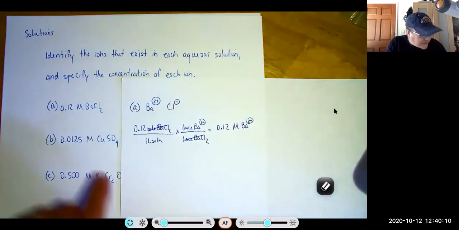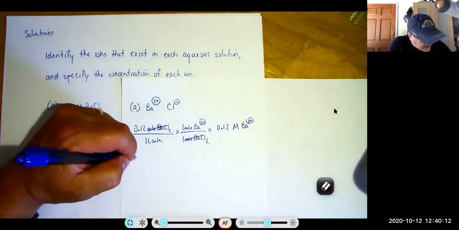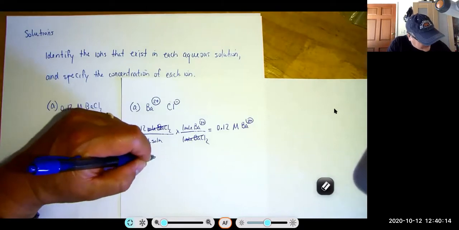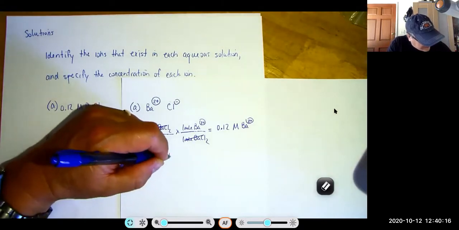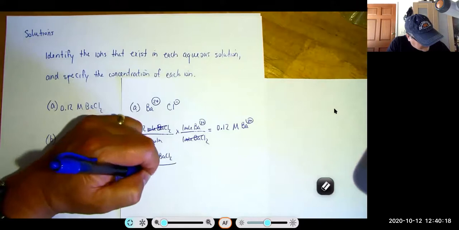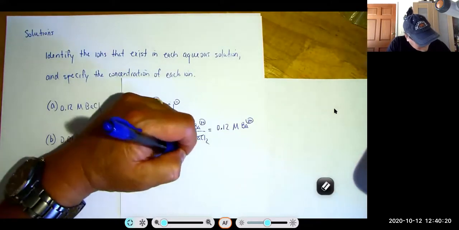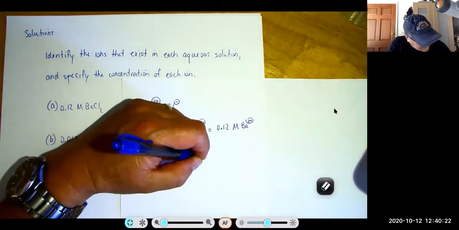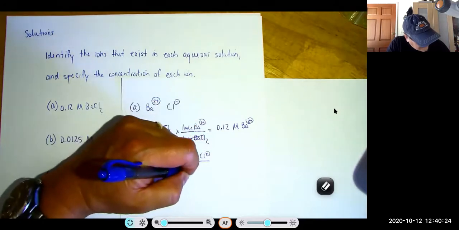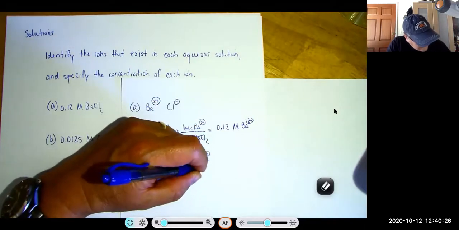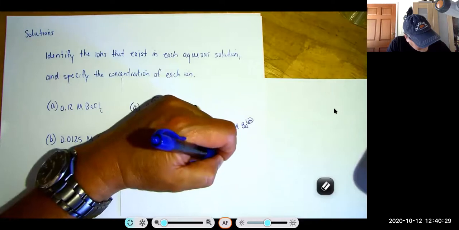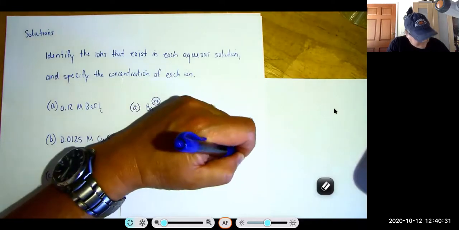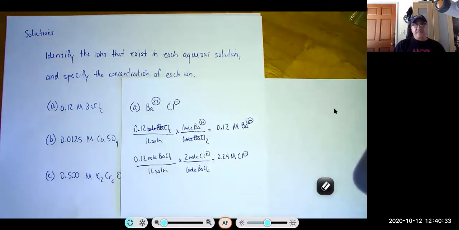So how would the calculation for chloride look? It'd look like this. Okay, any questions about the solution for A? Or are we good?